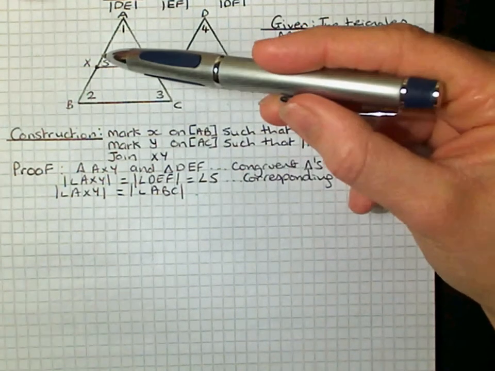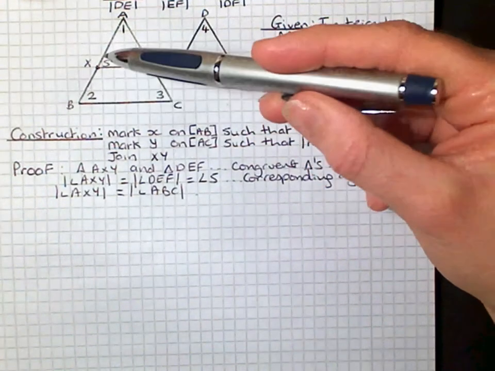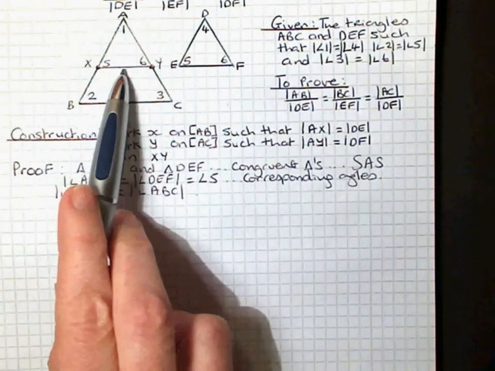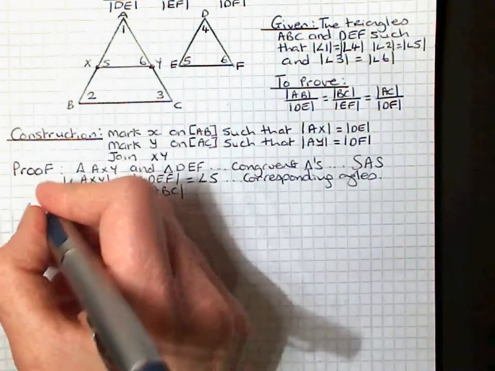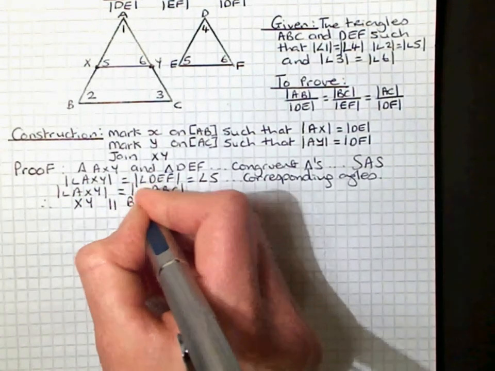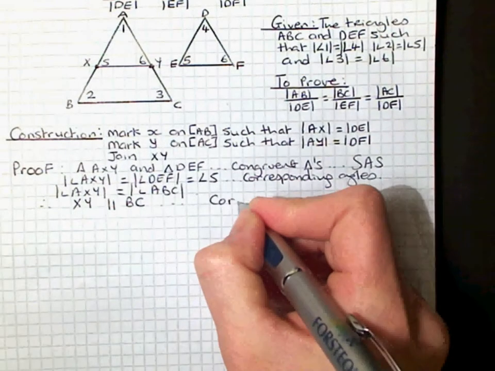If you look at those two angles, they are equal, and they're also corresponding angles. So therefore XY must be parallel to BC, for those to be corresponding angles.